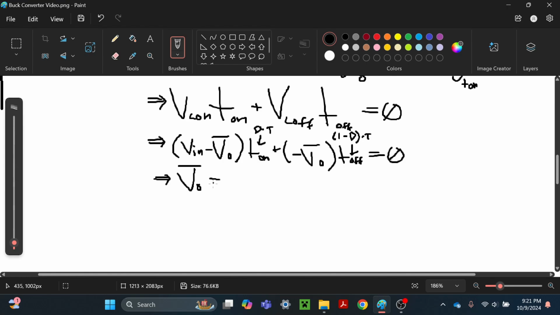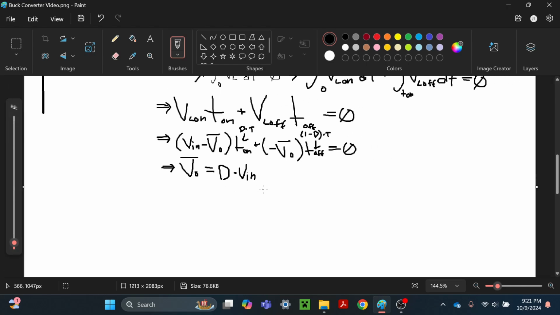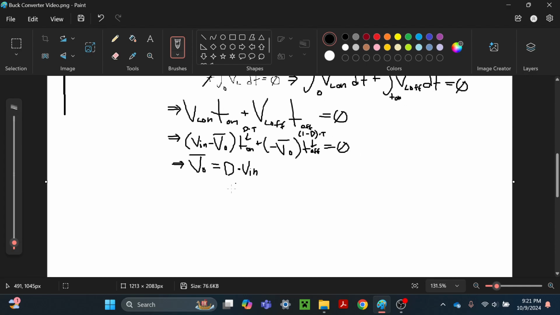The output voltage is going to be equal to the duty times the input voltage. And this is going to be in continuous conduction mode.